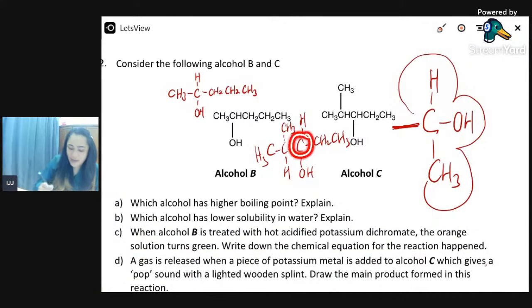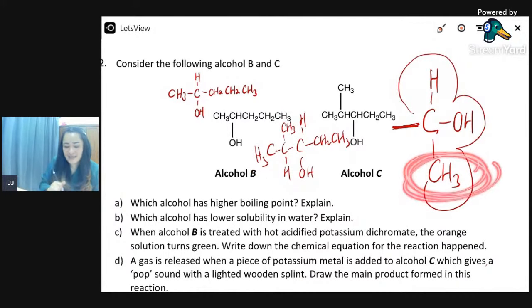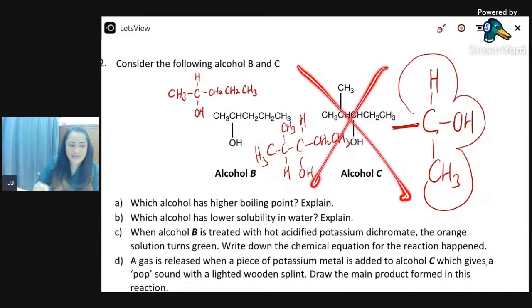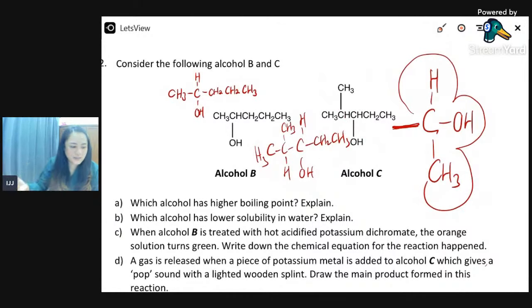So this carbon has OH, yes, one of the requirements. It is bonded to hydrogen, yes, another requirement is fulfilled. But it is actually bonded to an ethyl group. It is not bonded to CH3. It does not have CCH3. So alcohol C does not have a methyl alcohol group. So you can use the iodoform test.